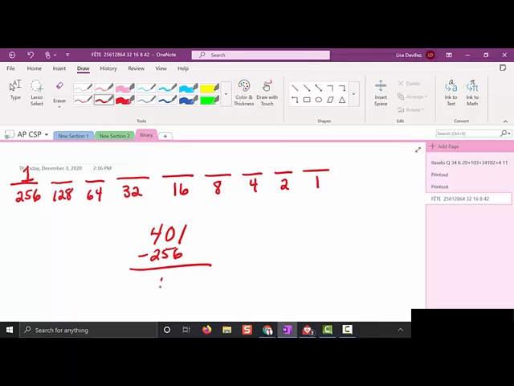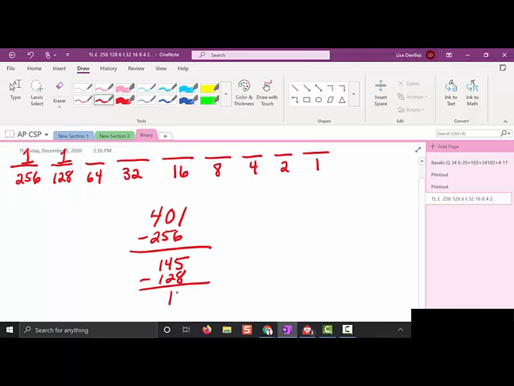That leaves me with 145, okay? 128 will go into 145 only once. All right, so that's the next highest thing. So 128. And 145 minus 128, okay, that gets me to 17.